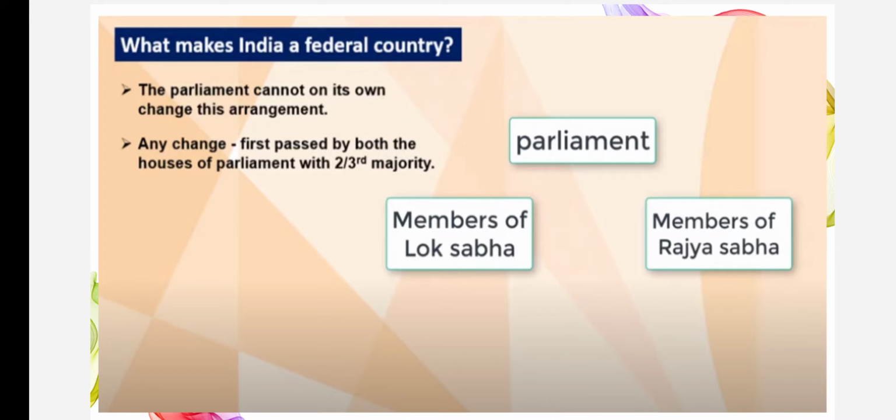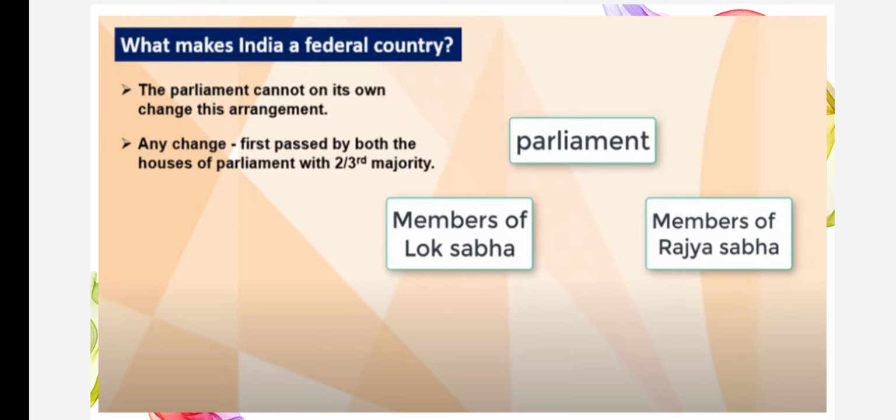Parliament consists of members of Lok Sabha and Rajya Sabha. As you all know, Lok Sabha is the lower house and Rajya Sabha is the upper house. The members of Lok Sabha are directly elected by the people of this country, whereas the members of Rajya Sabha are indirectly elected.